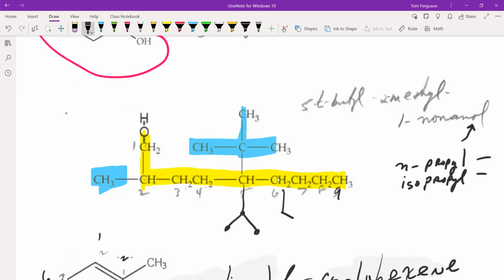The 1, 2, 3. Okay. All right. So that's a nonanol, and we're going to play like this is an isopropyl group here. So this would be 5-isopropyl, 2-methyl, 1-nonanol. Okay.